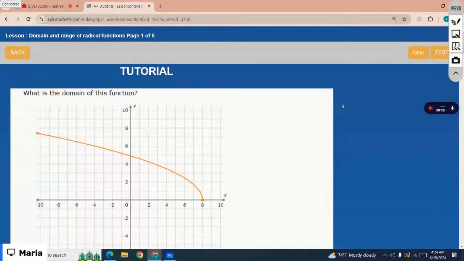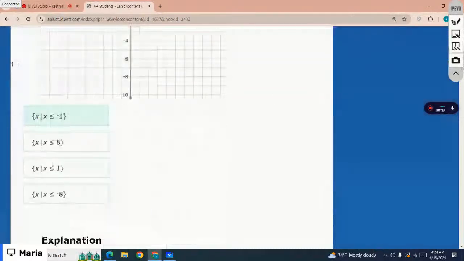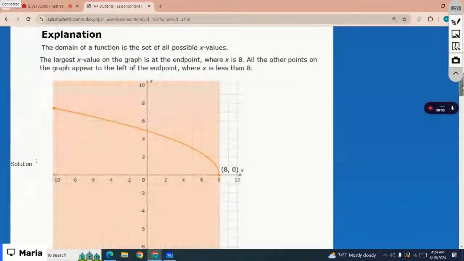Domain is all the x values of a function, and range is all the y values of a function. The domain of a function is set of all possible x values, right?